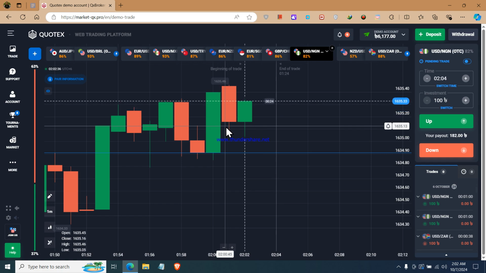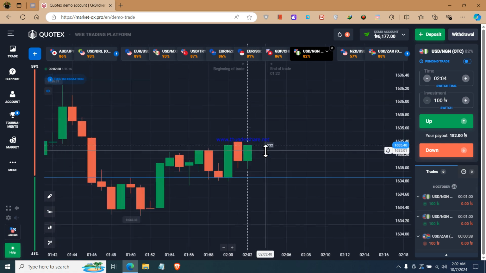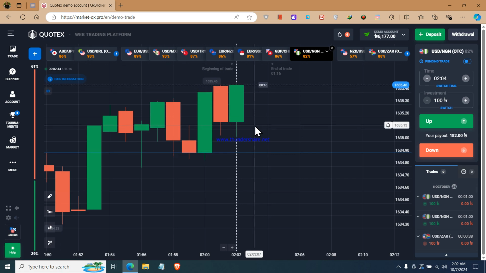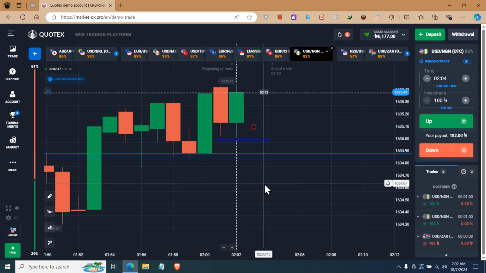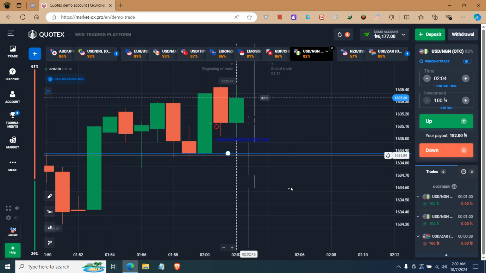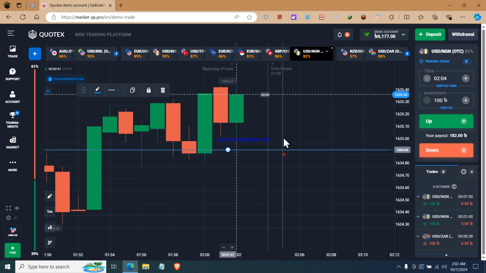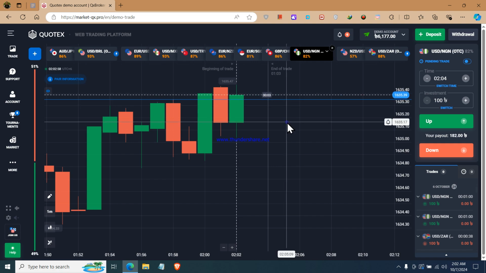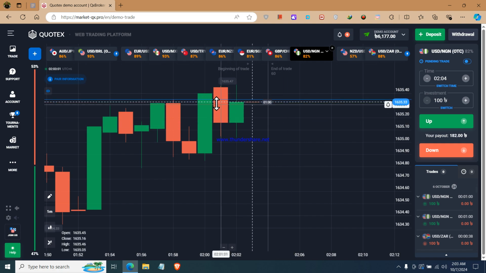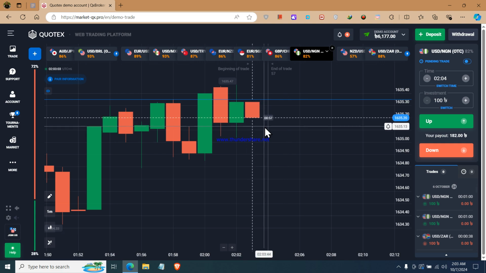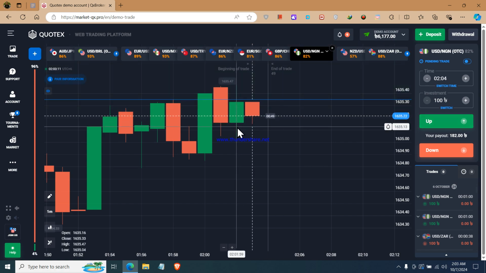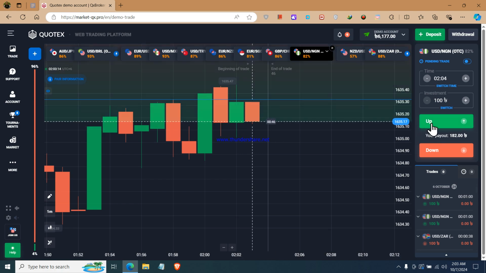Okay, candle is making this seller's point a buyer's point, and right now it is fighting on this point, and it couldn't break this point. If it comes below this point, it just needs to come to this point. Okay, it will be sure shot.